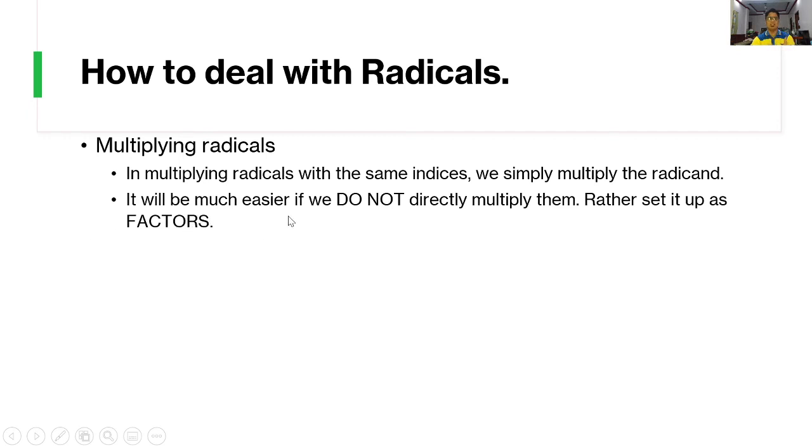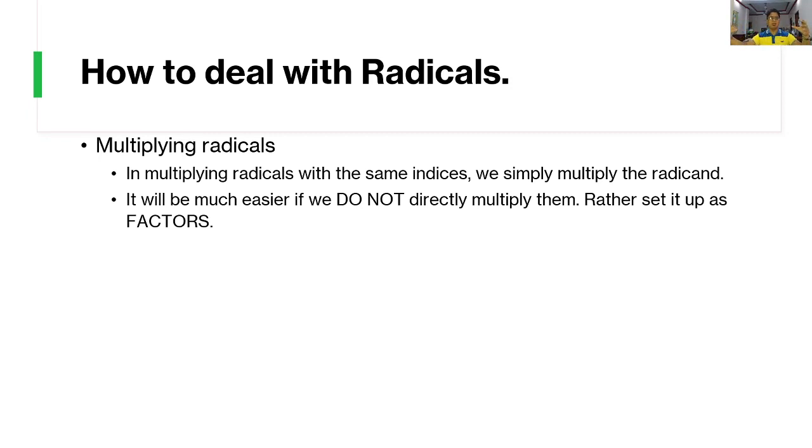It will be much easier if we do not directly multiply them. Eh, anong gagawin, sir? Rather, set it up as factors. Ito palagi ko sinasabi sa mga naging estudyante ko. When we're trying to simplify, especially kung meron pa tayong radicals or fraction, huwag nyo munang i-multiply directly. Kasi, ang tendency niyan, lalaki yung number.